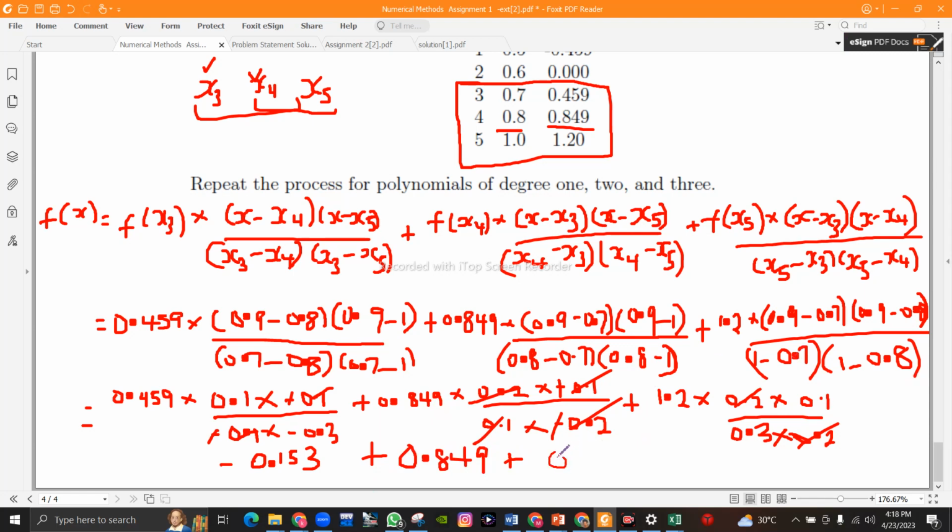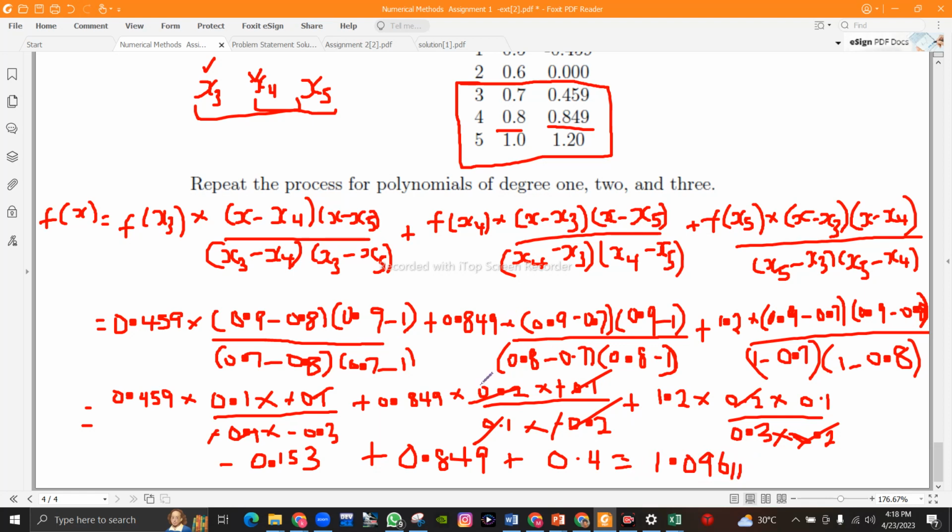And let's add everything together: 0.4 plus 0.849 plus minus 0.153, that's 1.096. So for degree 2, this is what we have.